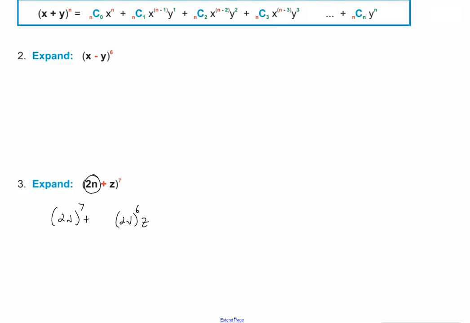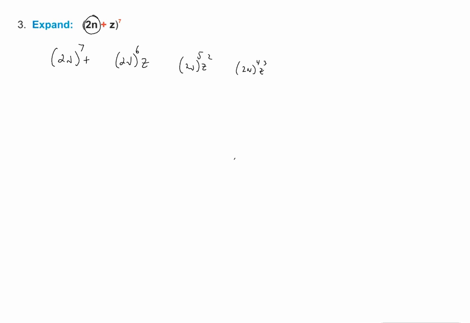Here, I'll go higher for you guys. I was trying to leave the pattern up there, but I'll go higher. So the next is going to be 2n to the 5th, z squared. We're just counting down. We can count. 2n to the 4th, z cubed.